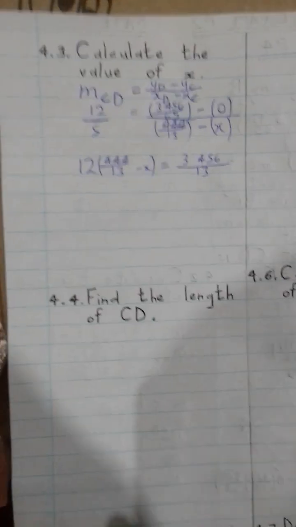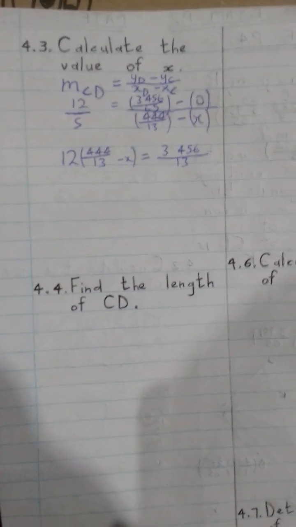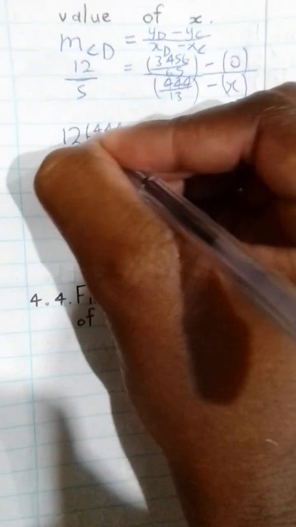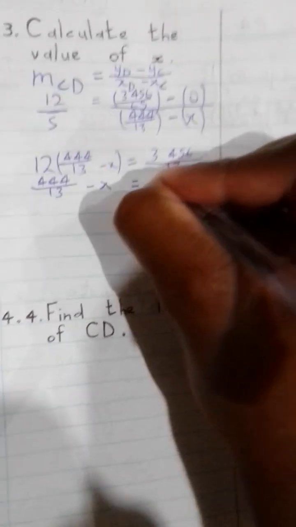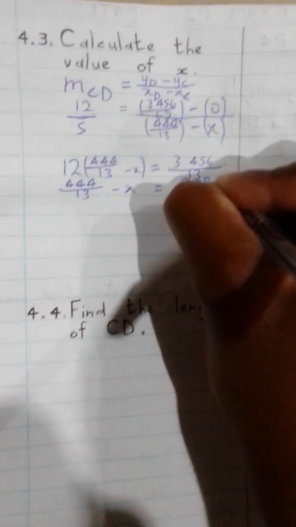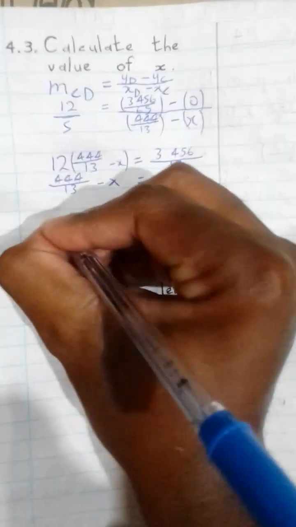So 3456 over 13 divided by 12 is 288 over 13. So this side will have this minus X. X goes to the other side, it becomes positive.